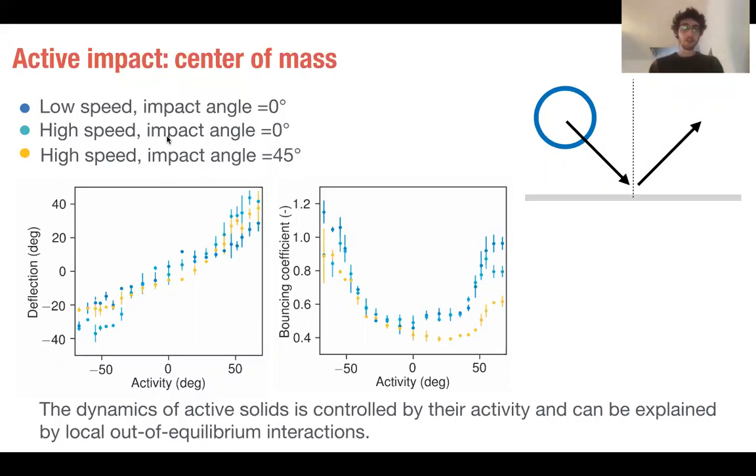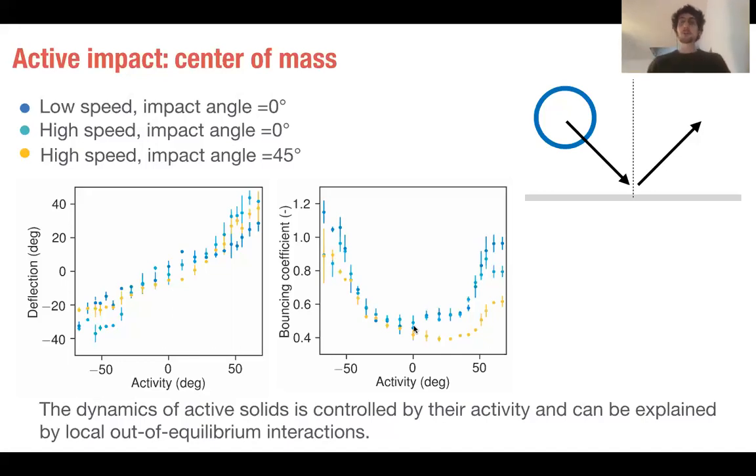Beyond this deflection, you can also measure, for example, the bouncing coefficient of your object. And what we see here is quite interesting because at zero activity, what you observe is just that there's a lot of dissipation within the system. This bouncing coefficient is at 0.5, which means that you come in with a certain speed v1, and you go out with a speed that is half of this initial speed.